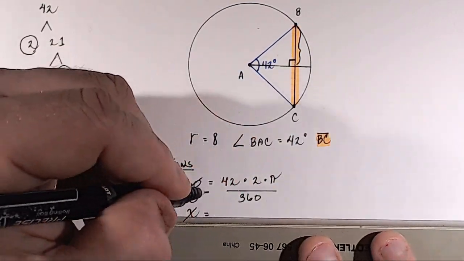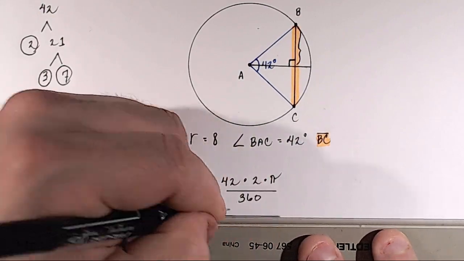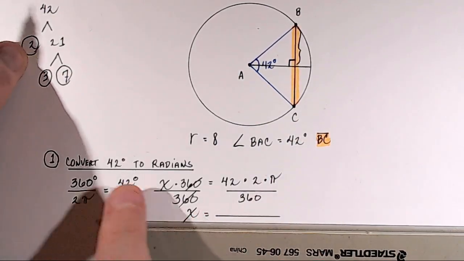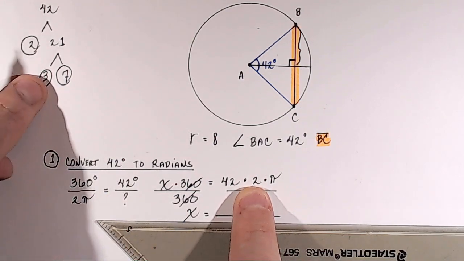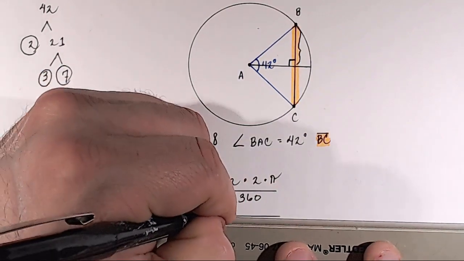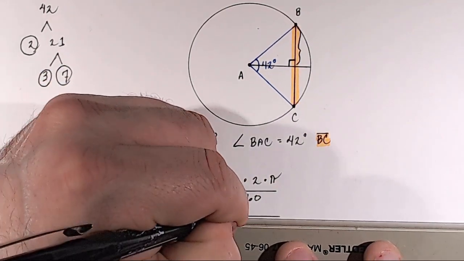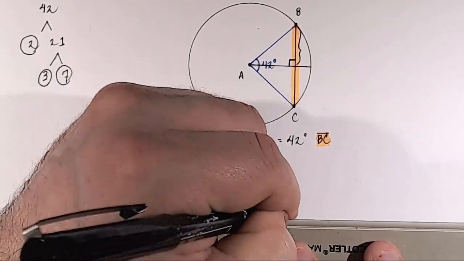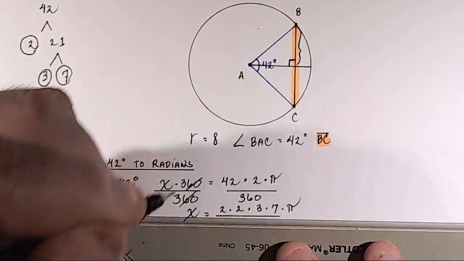So down here in the numerator, I can write 2 times 2 times 3 times 7 times pi.